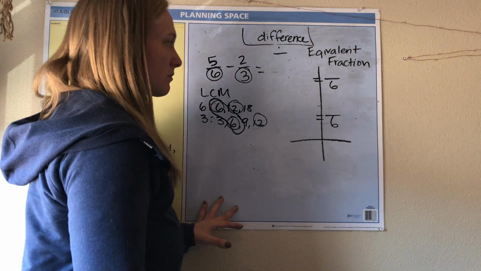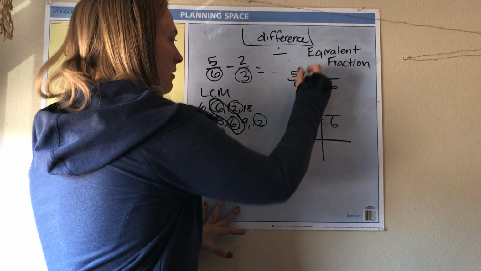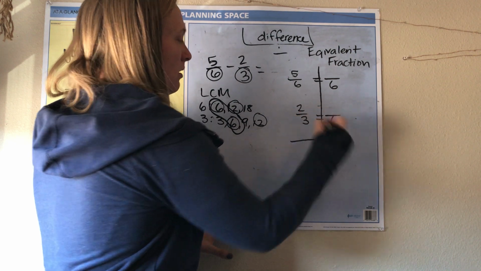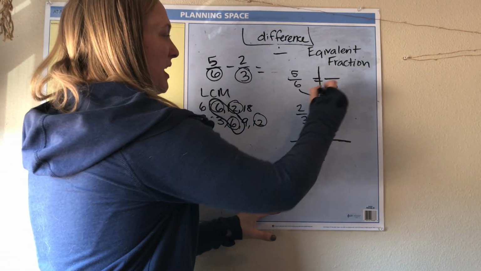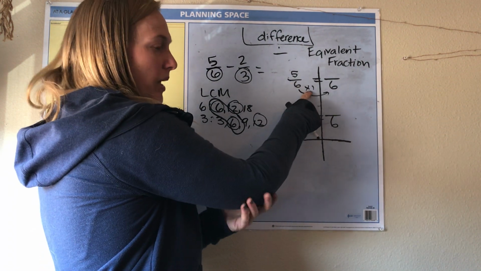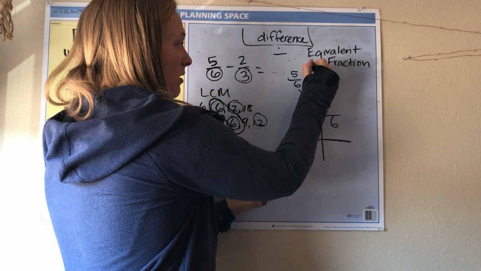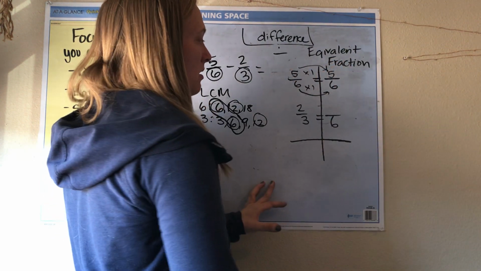Okay, I'm going to take my original fractions, 5/6. Going from 6 to 6 in my denominator, I'm multiplying by 1. That means if I'm multiplying by 1 here, I need to multiply by 1 in my numerator, so it's going to be 5/6.